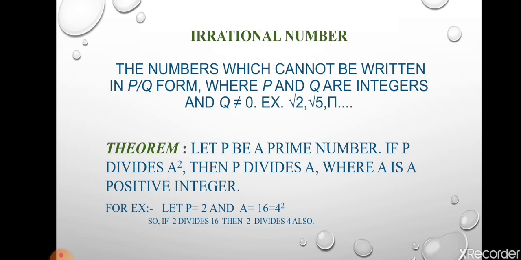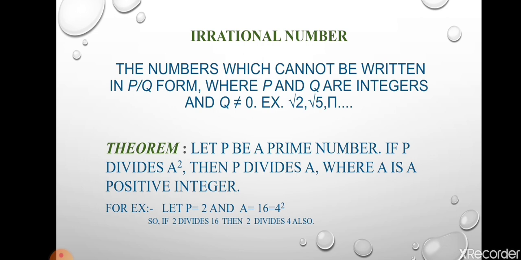Students, we have to understand the concept of this theorem because in this proof we use this statement. The concept is that if p is a prime number and p is a prime factor of a square, then it is also a prime factor of a. That means if p divides a square, then p also divides a.